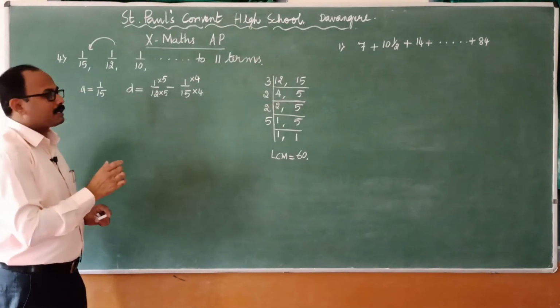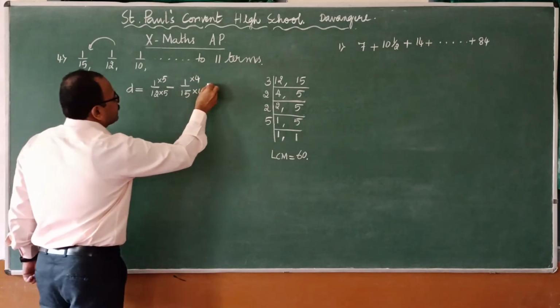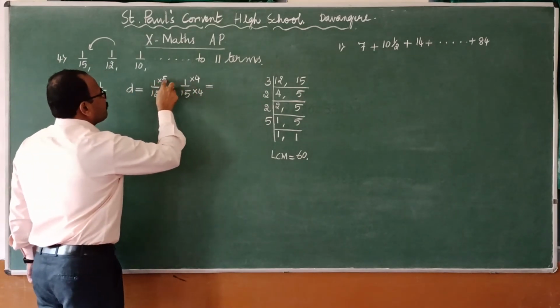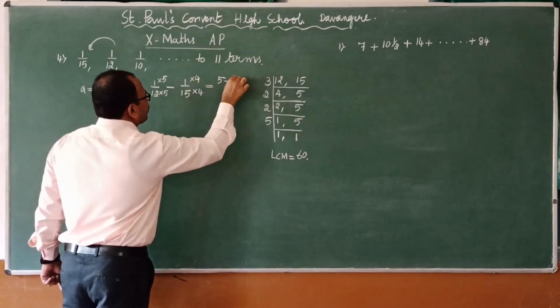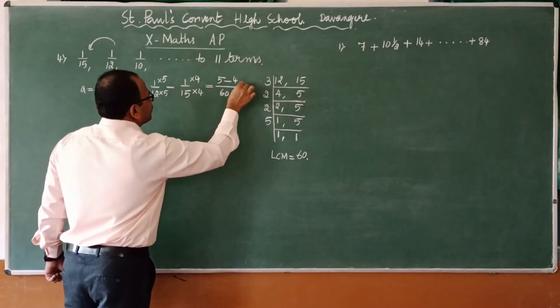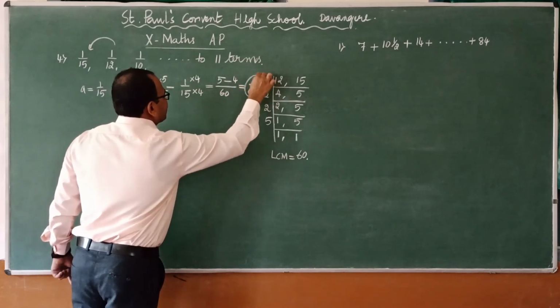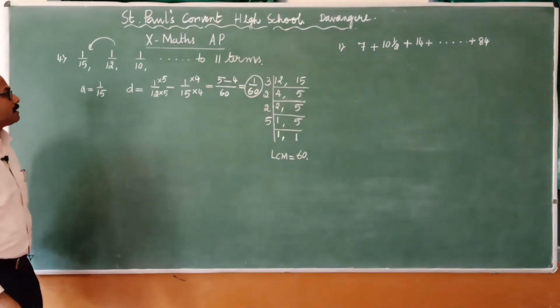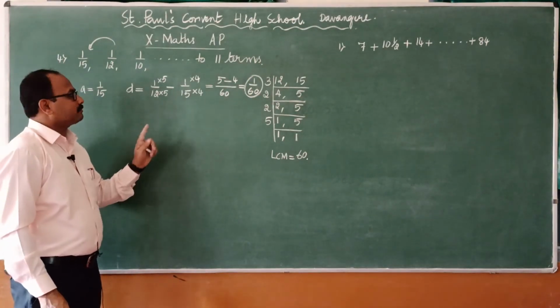This is how we make the denominators the same. This will be equal to, let me write it here, children, 1 5s are 5 minus 1 4s are 4 by 60, which will become 1 by 60. This is your d, children. Very carefully you have to do this one.